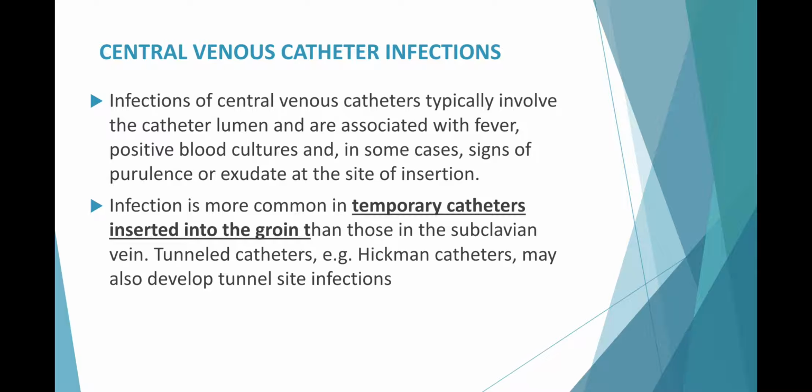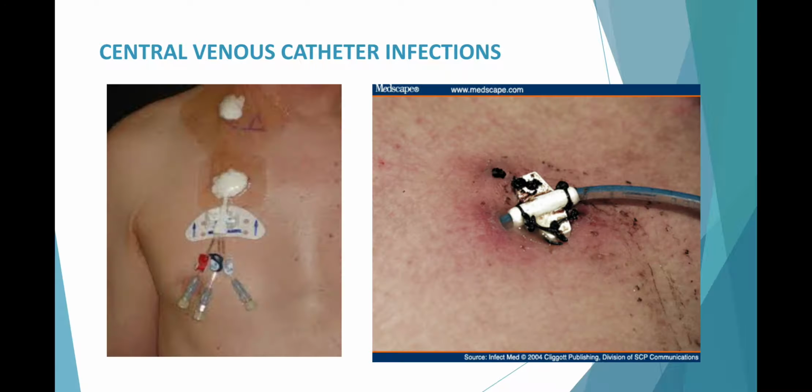Tunneled catheters, for example the Hickman catheters, may also develop tunnel site infections, but less likely than temporary catheters. So the lines more liable to infection are the temporary catheters and catheters inserted into the femoral vein.